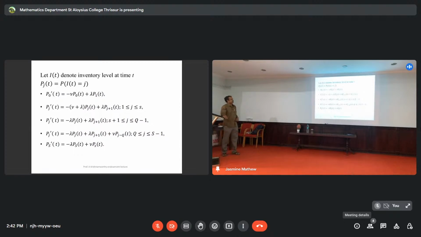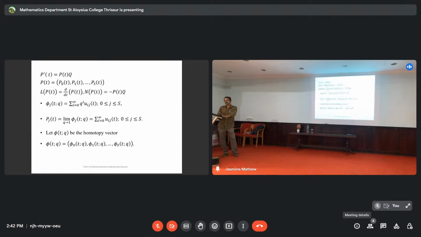But here there are several variables, P0', P1', Pj', etc., up to Ps. So S plus 1 functions are there, S plus 1 differential equations are there. So we must write this system as a matrix system, P'(t) equal to P(t) multiplied by Q, where P(t) can be partitioned in terms of the states as P0(t), P1(t), etc., Ps(t).